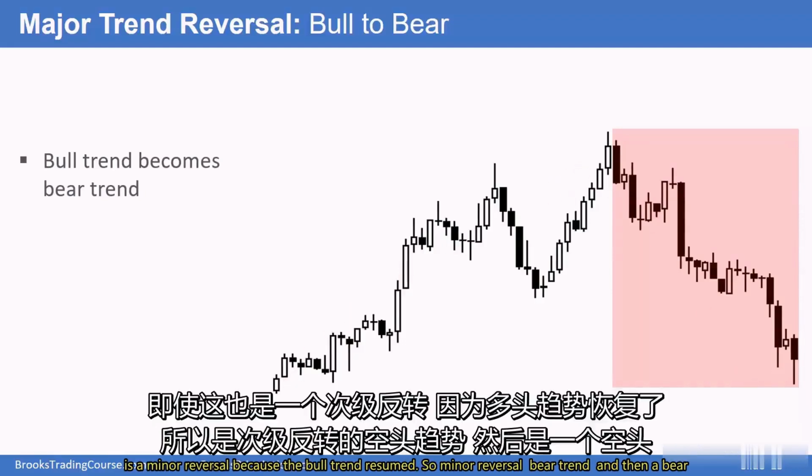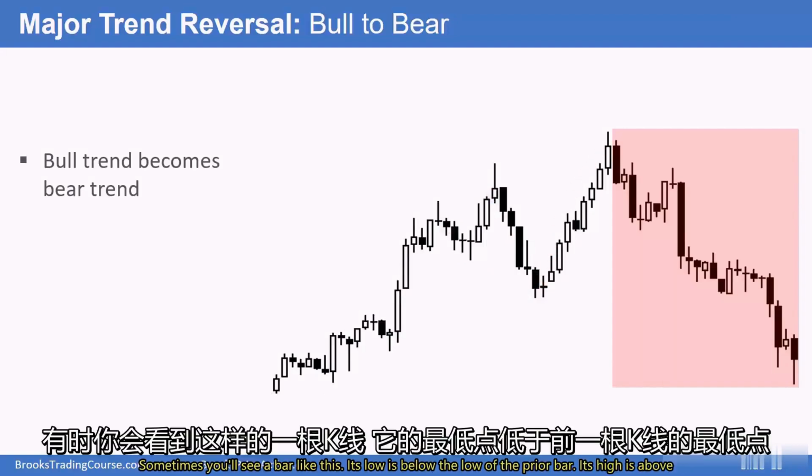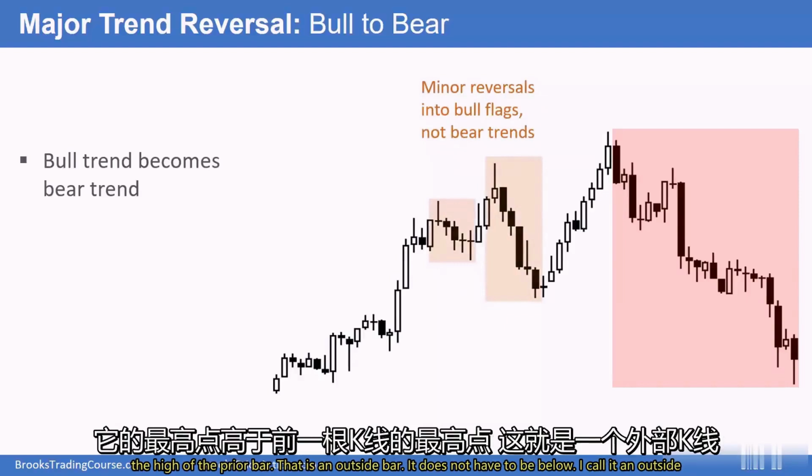If a bull trend goes to a bear trend, it's a major reversal. If a bull trend just goes sideways and the bull trend resumes, it's a minor reversal. Even this is a minor reversal because the bull trend resumed. So minor reversal, the trend resumes, instead of reversing.